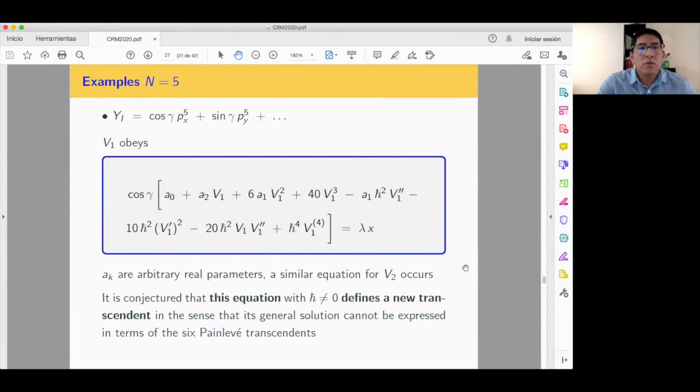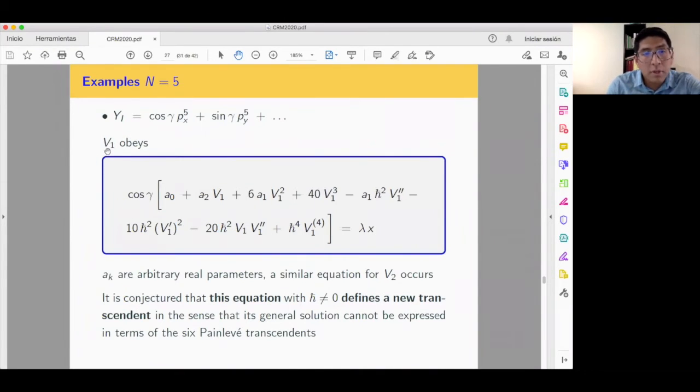Next, for n equals 5, we consider an integral of 5th degree with the following form. So the leading term is given, it's again cubic in px and cubic in py. Unfortunately, in this case, we cannot solve the nonlinear equation for the potential.